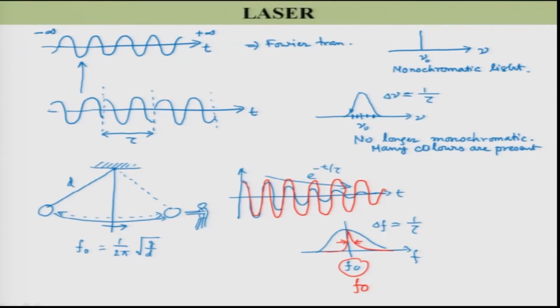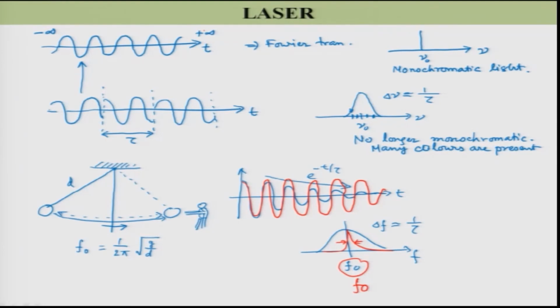In a laser we do a very similar thing, so that the loss of this optical electric field is not that much. It means that it is sustained for a longer time.